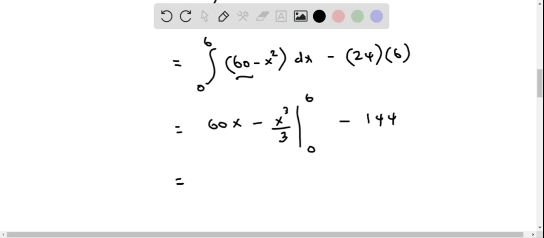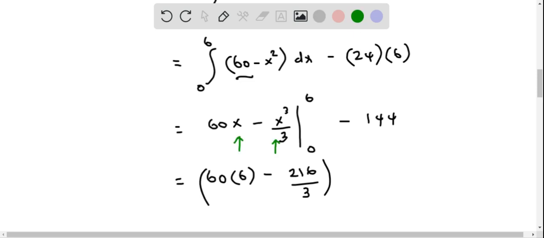We replace x by the upper limit, which is 6, and 6 cubed equals 216, so I replace the 6 cubed by 216 divided by 3. This we get when we apply the upper limit, and when you substitute the lower limit, 0, this will become 0 and this will also become 0. So basically we subtract only 144.